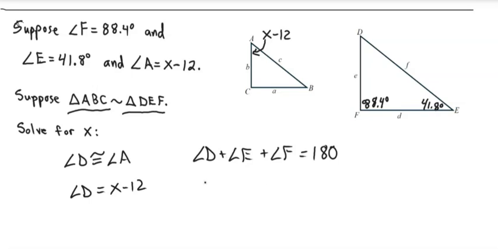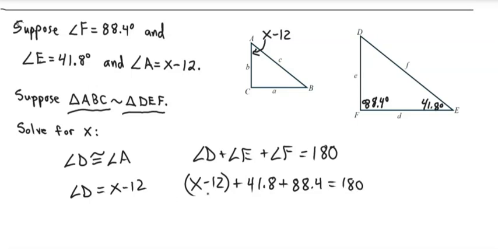And so I can just put in x minus 12 for D plus angle E is 41.8 plus angle F is 88.4, and that has to add up to 180.